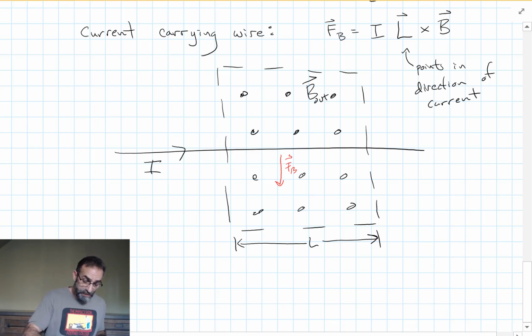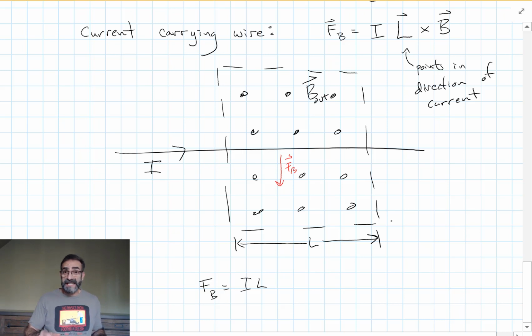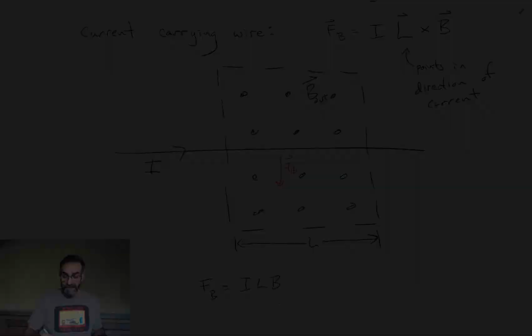And what do we get for this? The force is equal to the current times L, the length of wire that's sitting in the magnetic field, times the magnetic field strength. In this case, they're perpendicular to each other, so we get a 1 for the sine of 90 degrees.